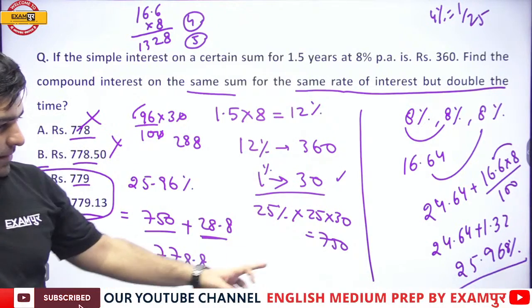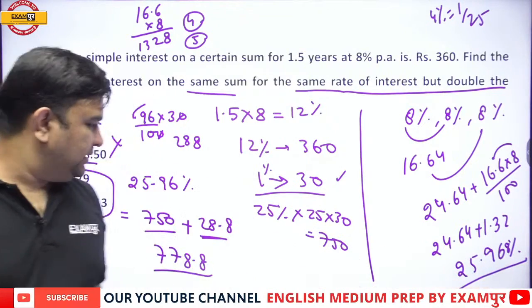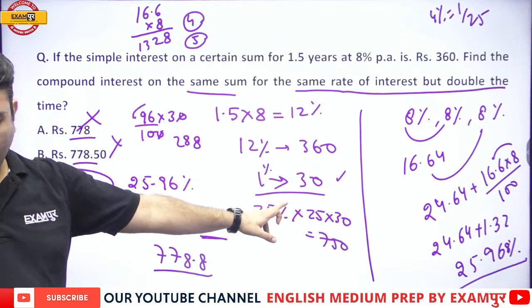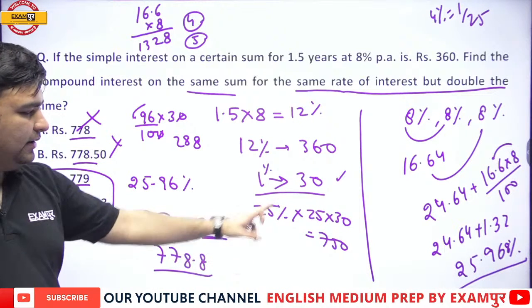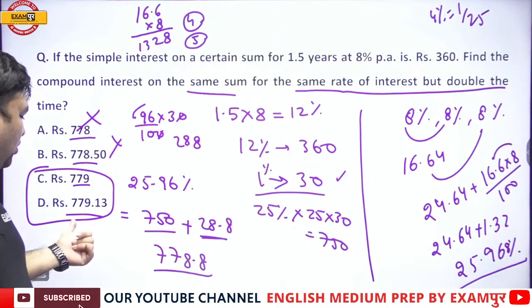You know, 0.008 will give a decimal. So it can only be in decimal.